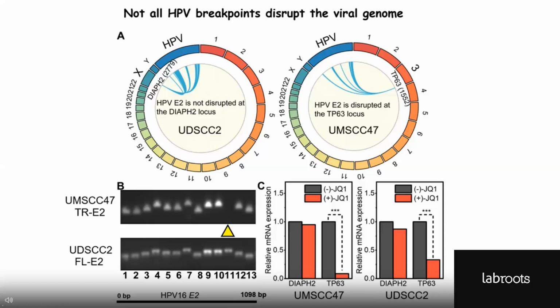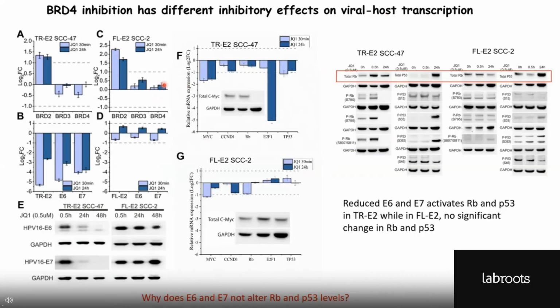In this particular case, we also looked at all the other genes that we were interested in. You could see here that at the protein level, whenever E2 was disrupted, E6, E7 was downregulated, while when E2 was not disrupted, there was no change in E6, E7.